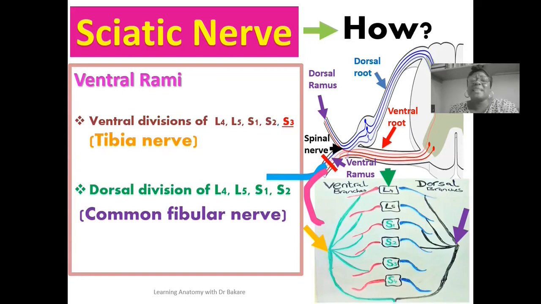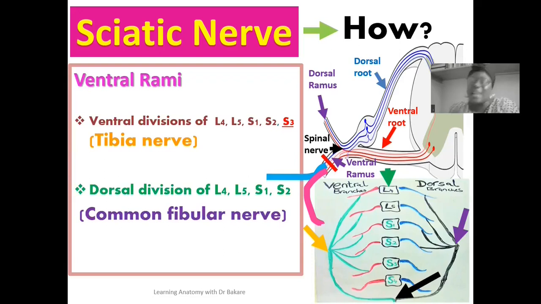So you see that at both divisions, on both the anterior and the posterior part, which is the same as the ventral and also the dorsal divisions of the anterior rami from L4 to S3, is where we have the emergence of the sciatic nerve. So these two regions create a contribution from each end, and these ends then come together at this point that is arrowed here in black to form the sciatic nerve.